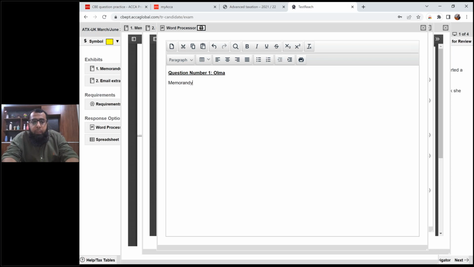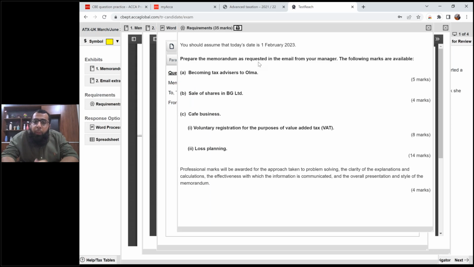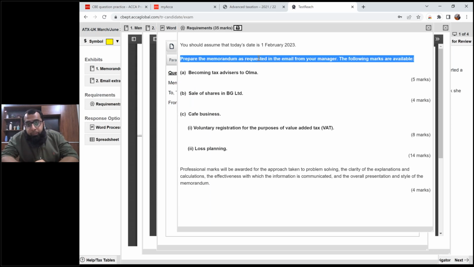Now this is a fixed format of memorandum, and you can remember it. To the files, from tax supervisor. The memorandum will go to the tax files, and you are preparing it, as it has been written to you by the manager.